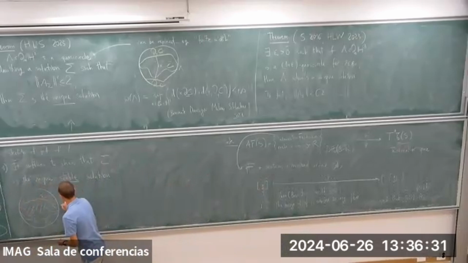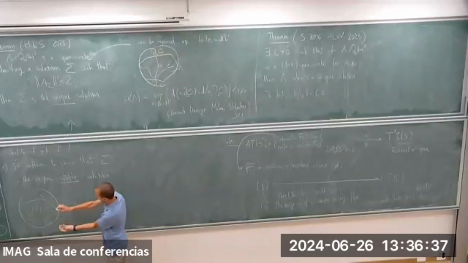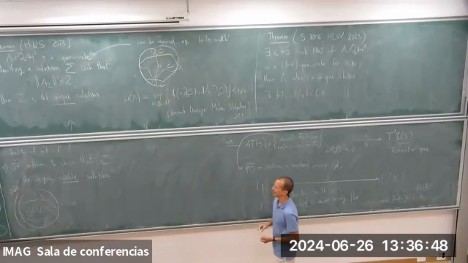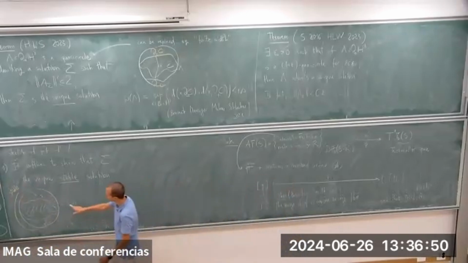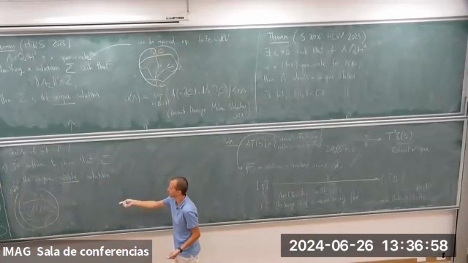So this one, let's say, is unstable. Suppose there is such an unstable solution, but then you can use it as a barrier to construct two others, which are stable. These two must be disjoint by the strong maximum principle. Otherwise, they would coincide with sigma naught, but sigma naught is unstable and they're stable.